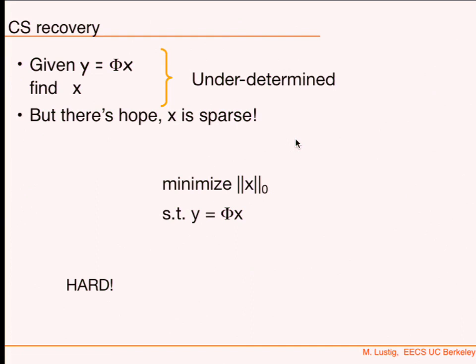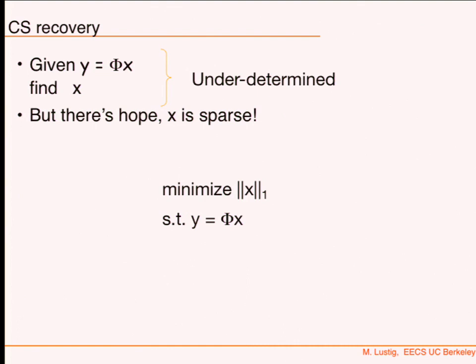As it turns out, if you're willing to trade off a little bit and do m equals k log n number of measurements, then you minimize not the cardinality or the L0 norm, and not the 2 norm, which is the energy of x. But among all possible solutions, you find the solution that has the least L1 norm.